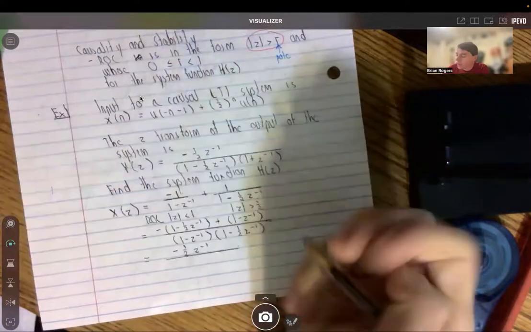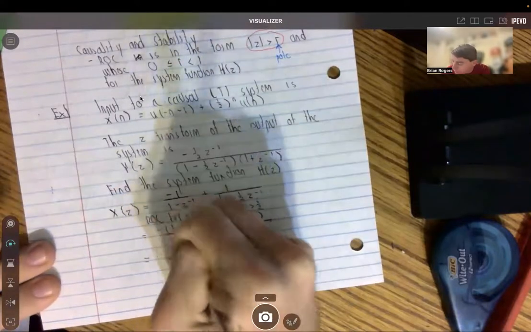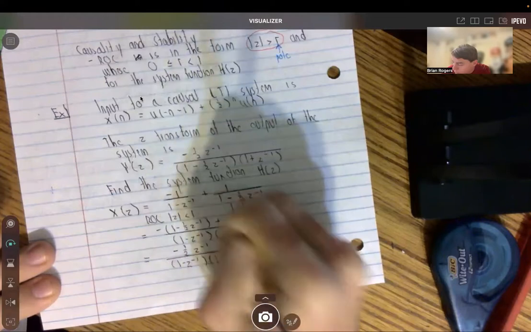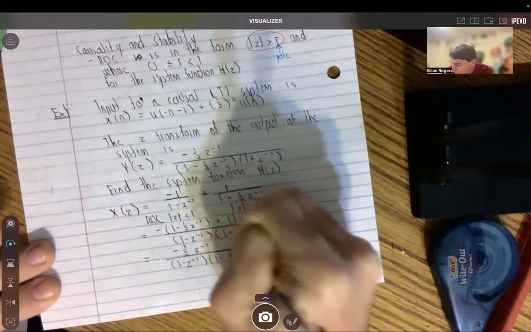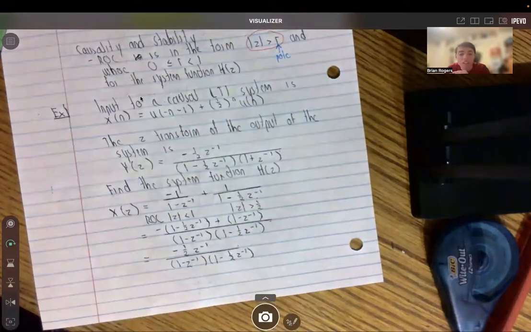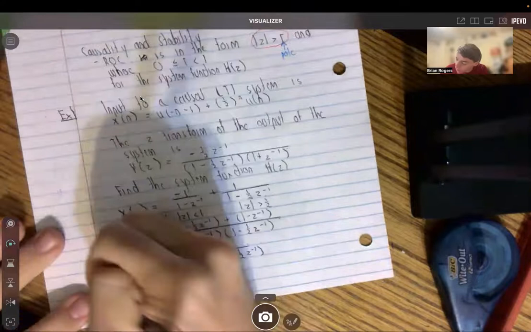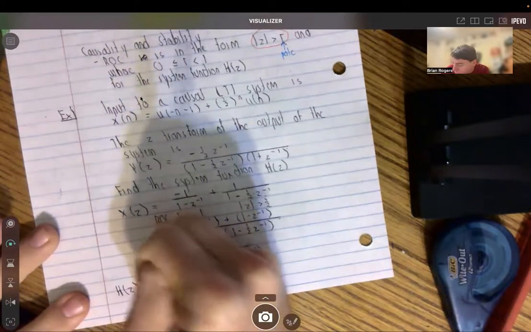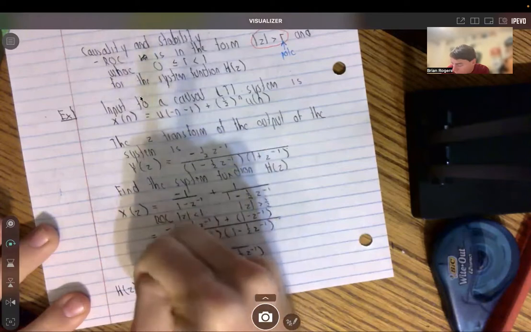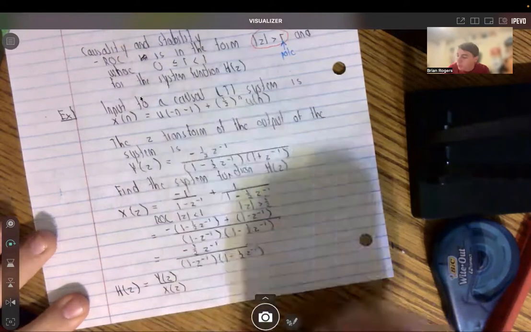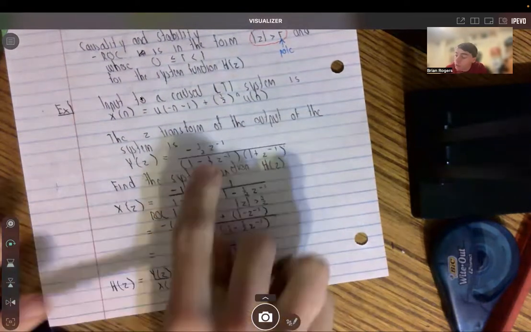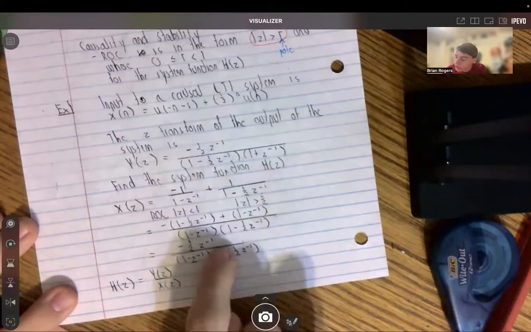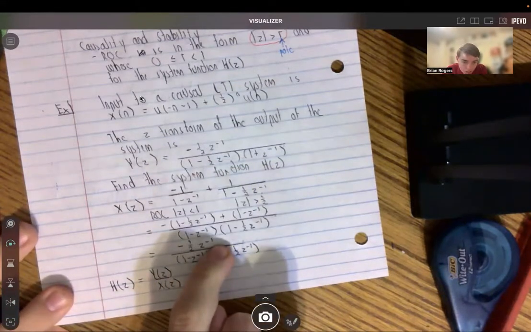And then for our denominator, we get 1 minus z to the -1 multiplied by 1 minus 1/2 z to the -1. Now that we've simplified it, we're going to plug it into our system function, which is h of z equal to y of z over x of z. We're given our y of z up here, and we just found our simplified x of z.